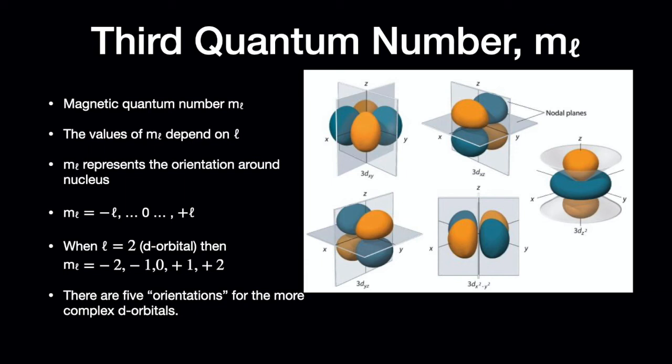So there are 5 different d orbitals, as they're oriented in three-dimensional space. Now 4 of these kind of look like cloverleafs, and one looks very strange, like a dumbbell inside of a donut type of shape. So there are 5 orientations or 5 types of d orbitals, and the math's highly complex, and I don't want to get into that.